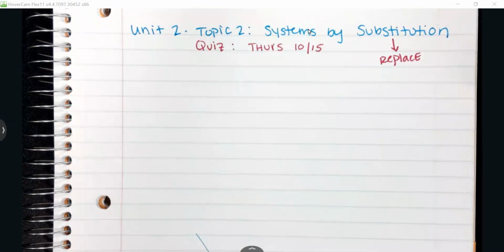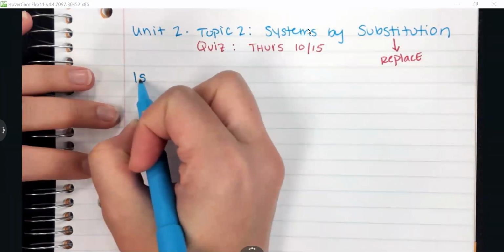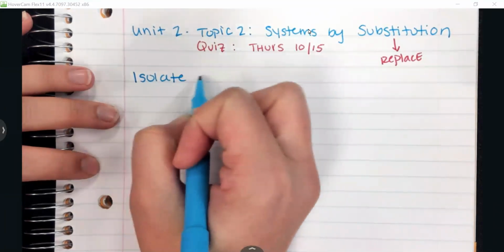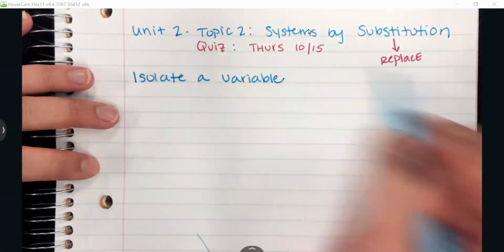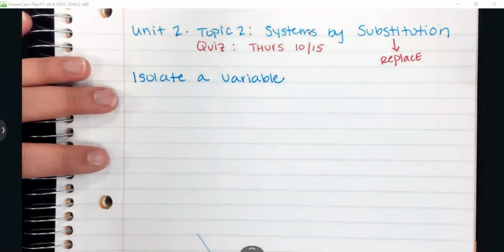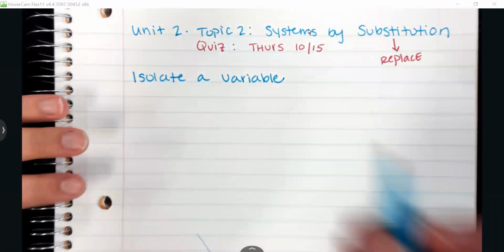There's 2 things to look for. No matter what you do, you have to isolate a variable. What does that mean? Isolate a variable. To get a letter all by itself, okay? How do I know what letter to pick?